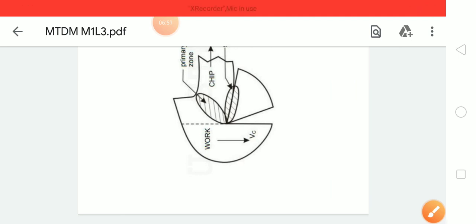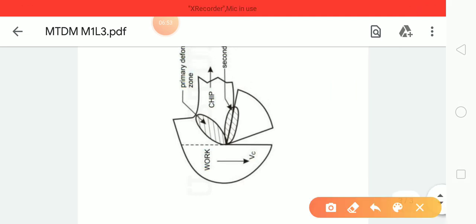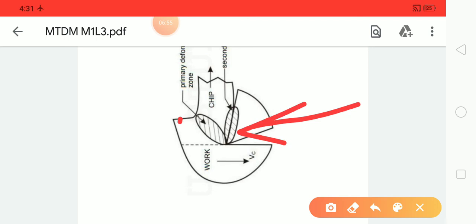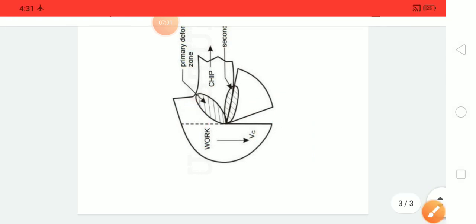Again, after the tool advances more towards the workpiece, there is another primary zone. Here continuous chips are formed and material is removed.